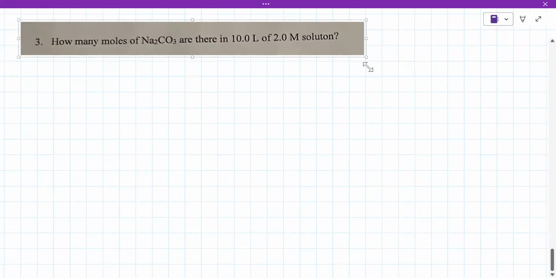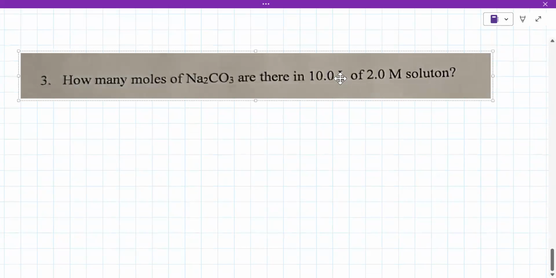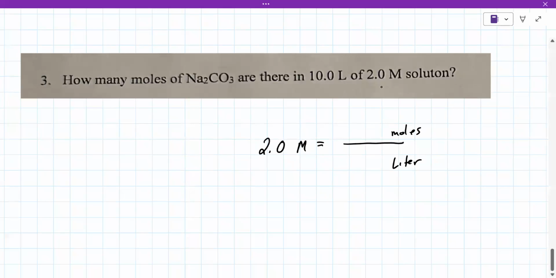It says, how many moles of Na2CO3 are there in 10 liters of a 2 molar solution? So this is a working backwards problem finally. So we know that 2.0 molar is some number of moles per some number of liters.